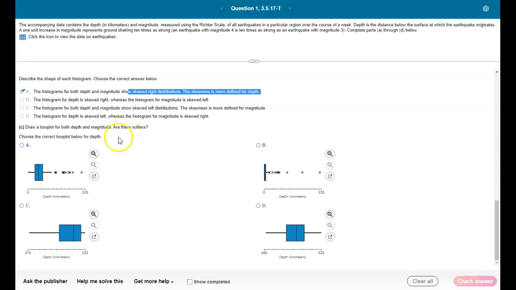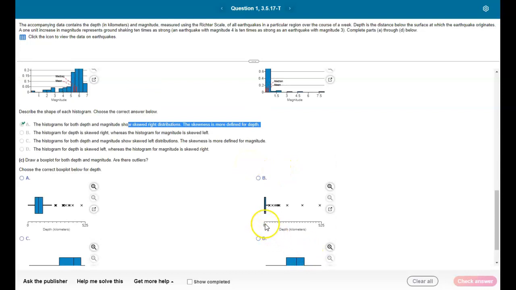So then up next is draw a box plot for both depth and magnitude and decide if there's any outliers. So again, there's this really long tail for depth, so it would make more sense to have maybe even something like this as a shape of a box plot. Remember that the mean was higher than Q3, and I could even go back and think of this as sense of scale here, from 0 to 525.